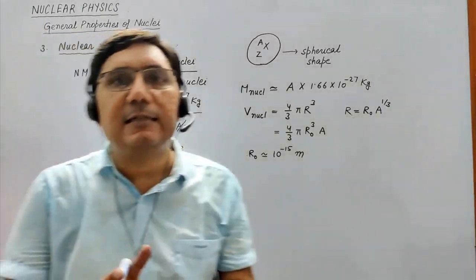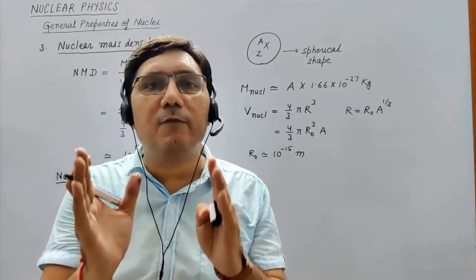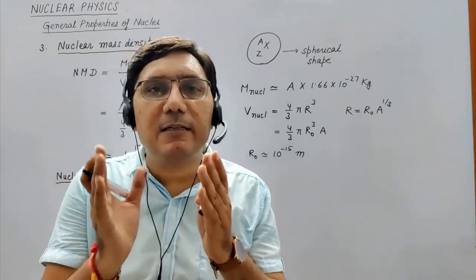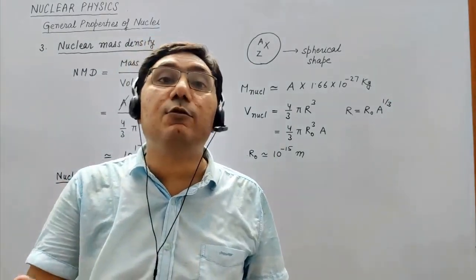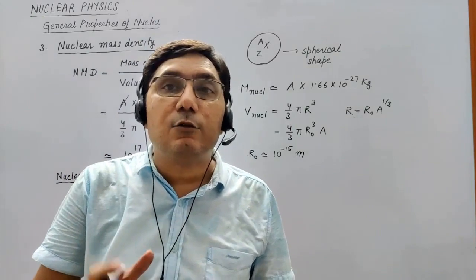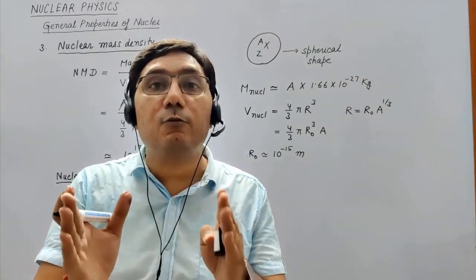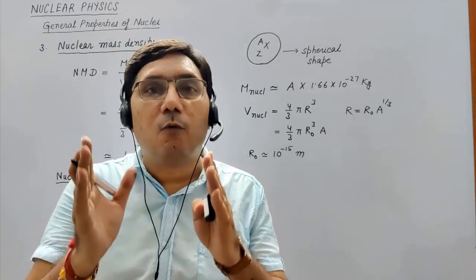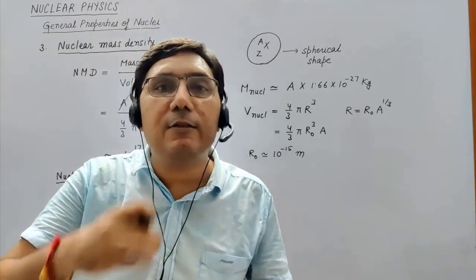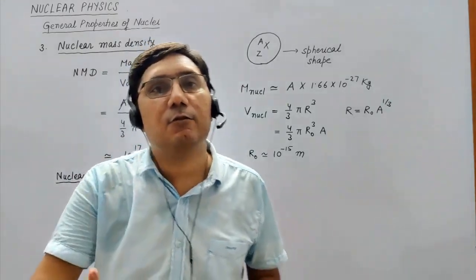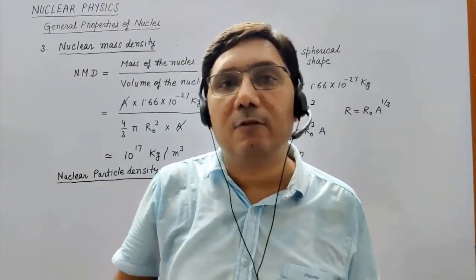Nuclear mass density means if we consider the unit volume, 1 meter cube volume of the nuclei material, what will be its mass? This is nuclear mass density. What is nuclear particle density? Nuclear particle density means if we consider 1 meter cube unit volume, then how many nucleons will be present in this nuclear volume?